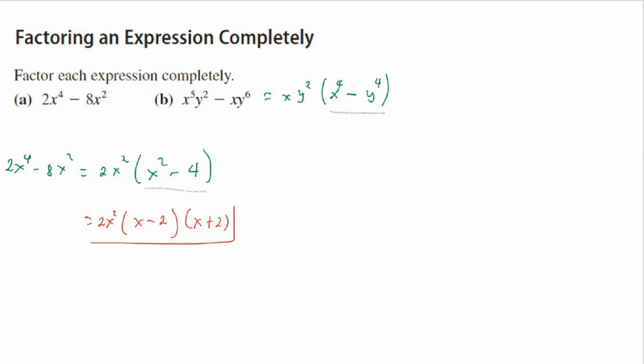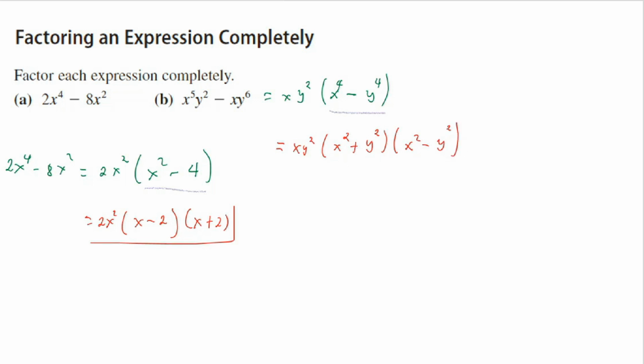So we have xy squared times, the difference of 2 squares, the square root of x to the fourth power is x squared, and we have plus, or you can write either plus or minus first, and then the square root of y to the fourth power is y squared. And then we have to copy the terms but change the sign. We have x squared minus y squared.